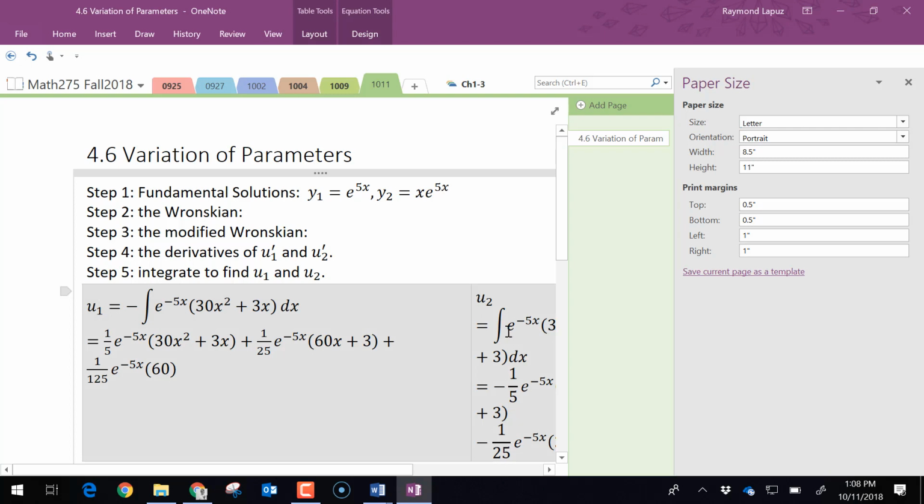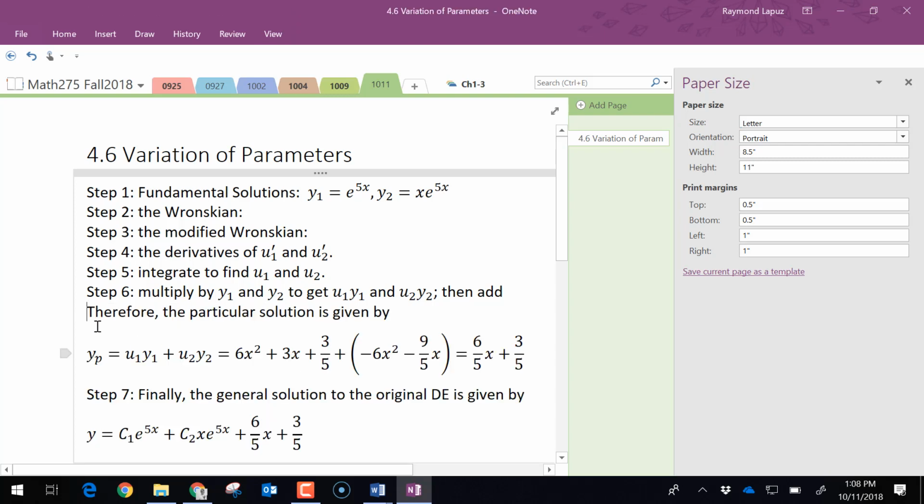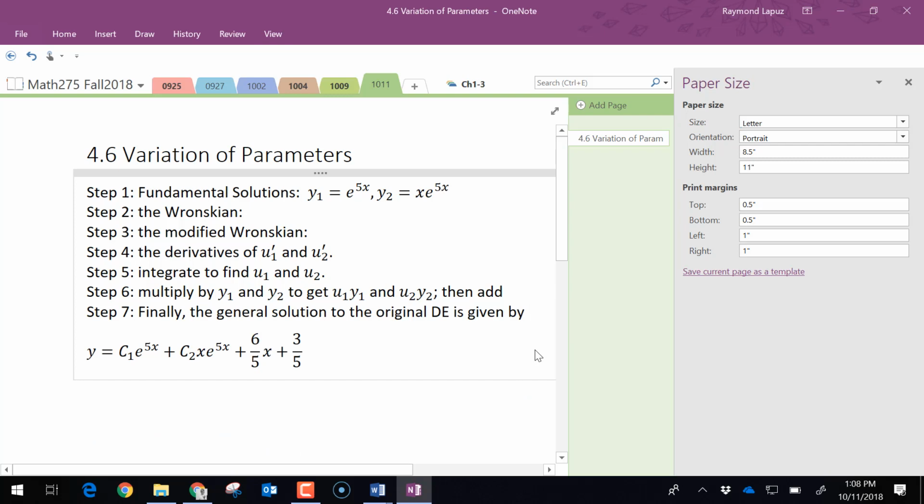Step 5, integrate. Step 6, multiply by y1 and y2, and then you should get your particular solution. And then step 7, general solution.